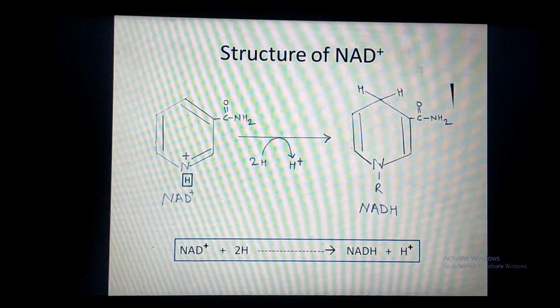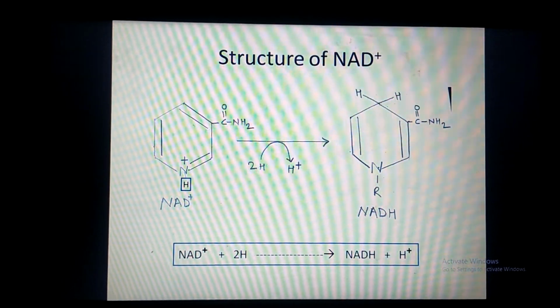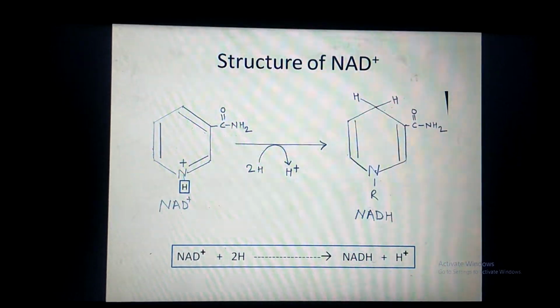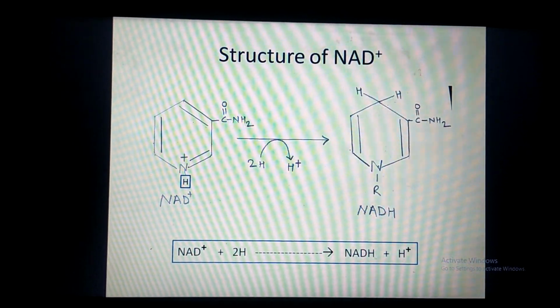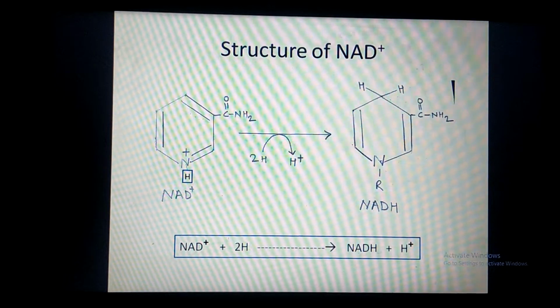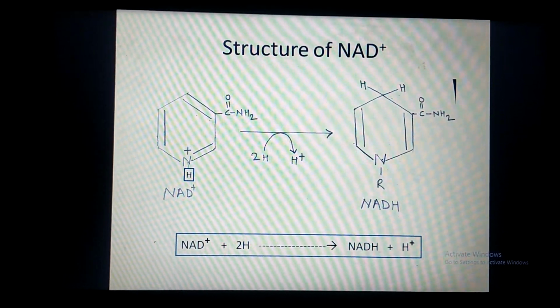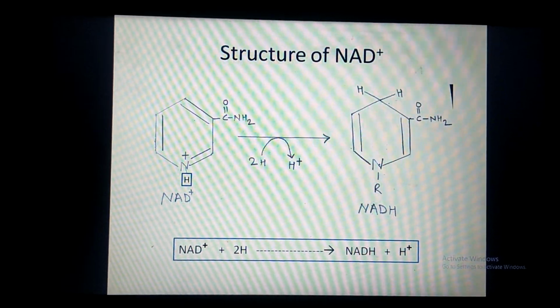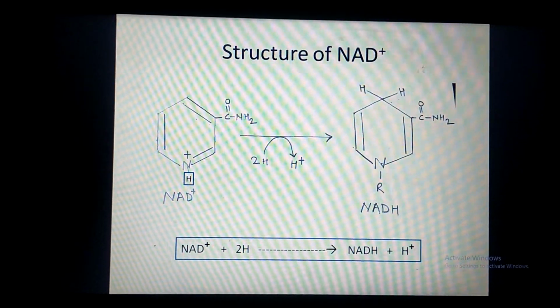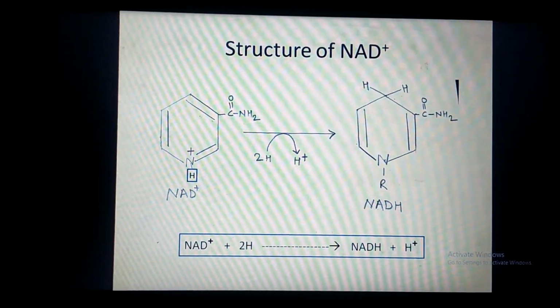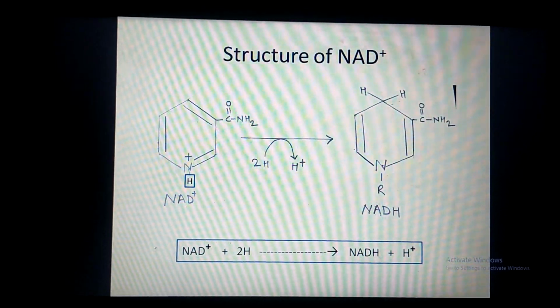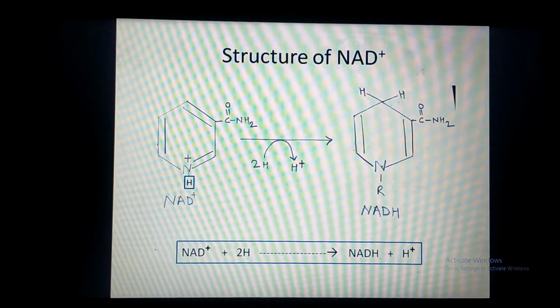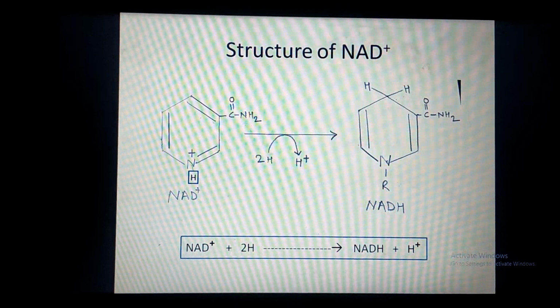Therefore, NAD plus is converted into NADH, whereas the remaining H plus ion is released into the surrounding. Therefore, when you write the reduced form, we can write it as NADH plus H plus, and that H plus is nothing but what is released into the surrounding.